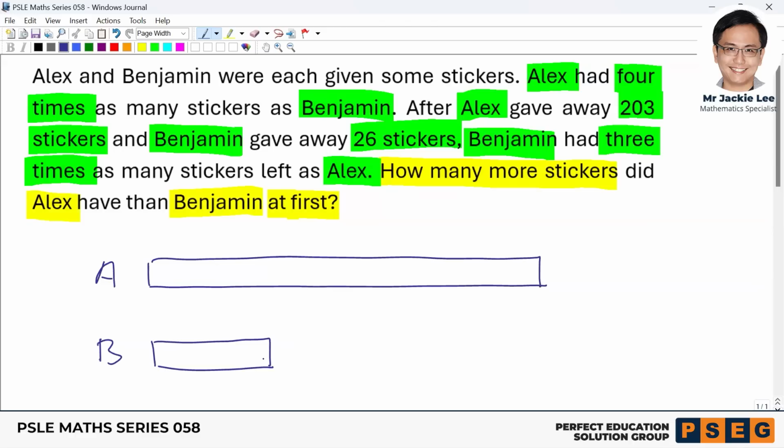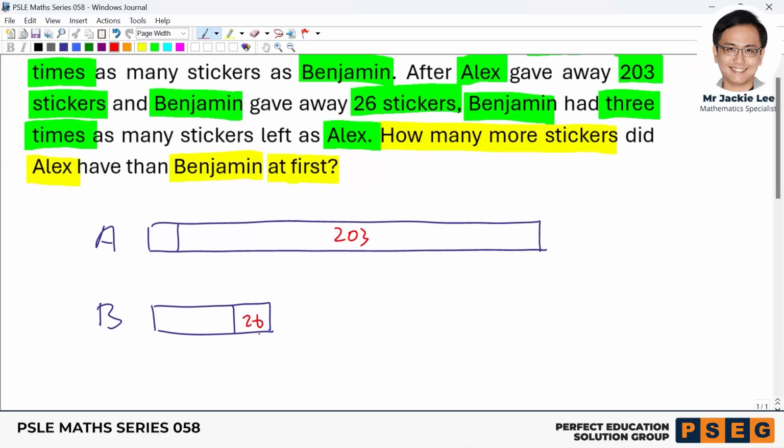At the end, Benjamin is 3 times Alex, so maybe roughly like this. So this one is 203, this one is 26. At the end of the day, this is 3 times this. So can we set this up as x? This one will be 3x. Then don't forget, initially this is 4 to 1.